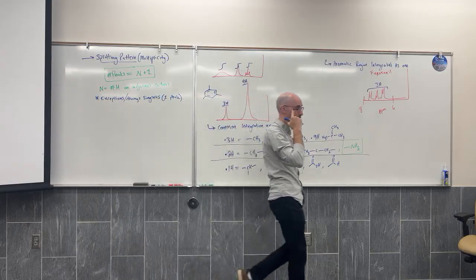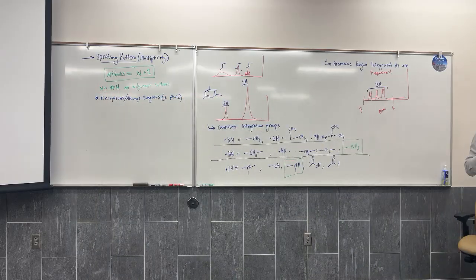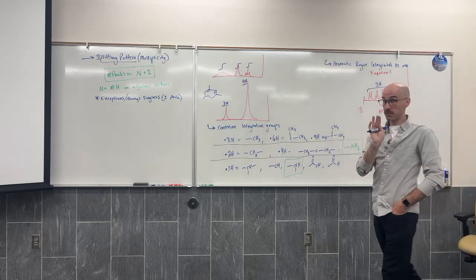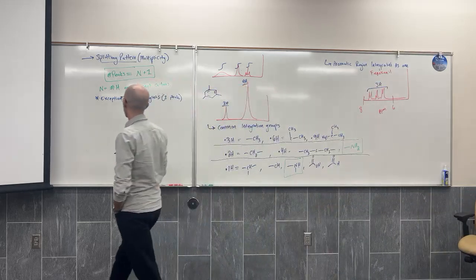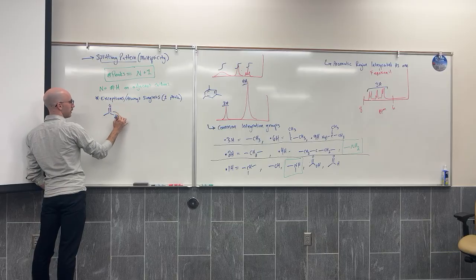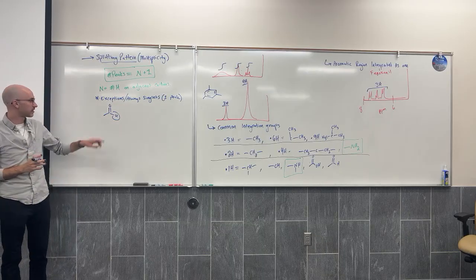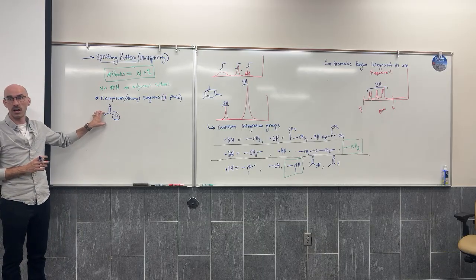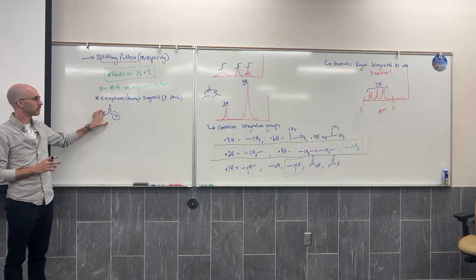There are some exceptions I want to give you before I give you the rest of the splitting patterns. These exceptions are always singlets. They only have one peak. They do not communicate with their neighbors. That is, the hydrogen of an aldehyde does not communicate with any neighbors on adjacent carbons.